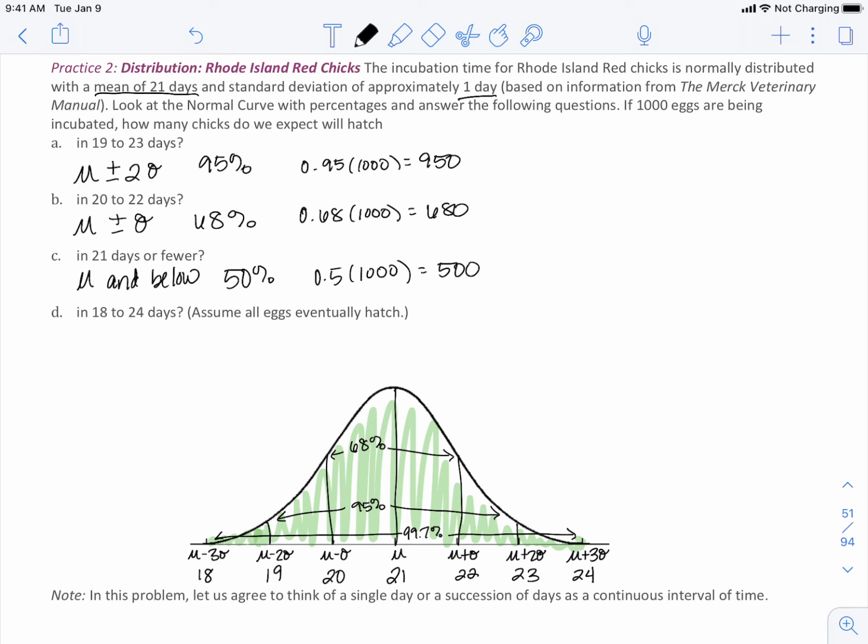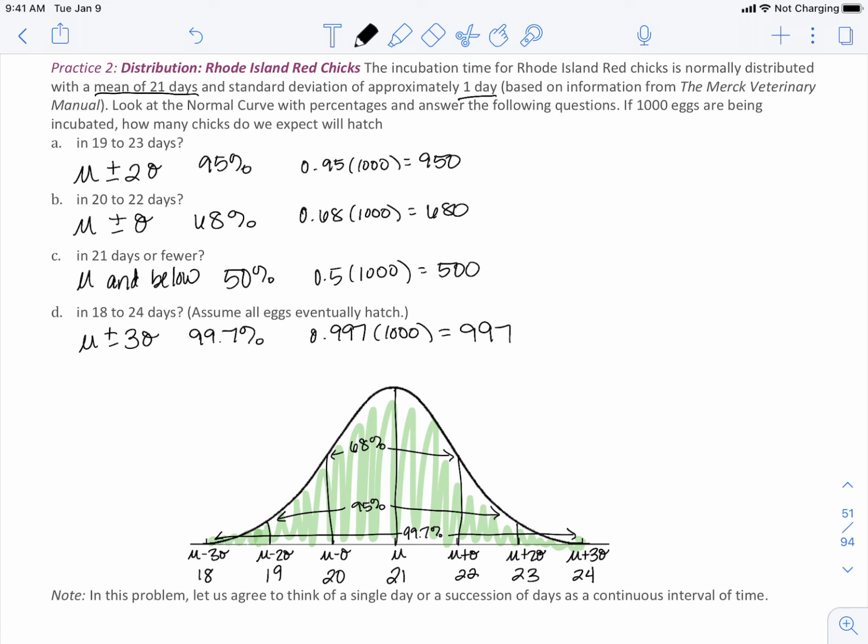So we're going mu plus or minus 3 standard deviations, which means this is going to represent 99.7% of the data. So we can do 0.997 times 1,000, and that's going to give us 997 of those 1,000 eggs.